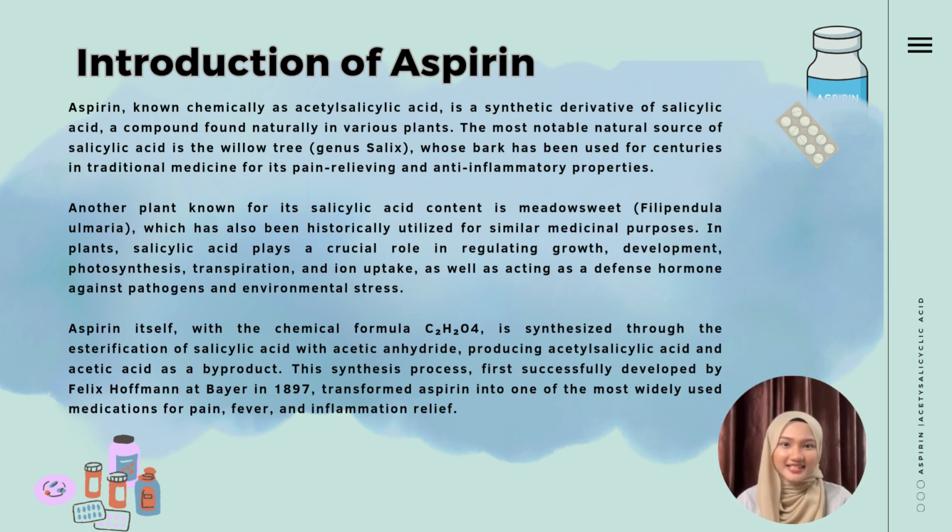In plants, salicylic acid plays an important role. It helps with growth, development, photosynthesis, transpiration, and ion uptake. It also acts as a defense hormone, protecting plants from pathogens and environmental stress. Aspirin is synthesized by reacting salicylic acid with acetic anhydride, which produces acetylsalicylic acid and acetic acid as a byproduct.